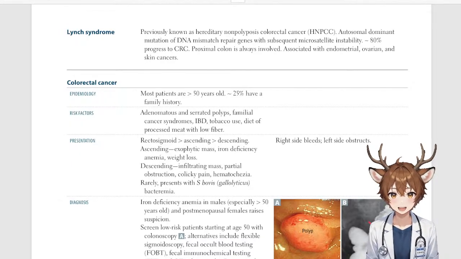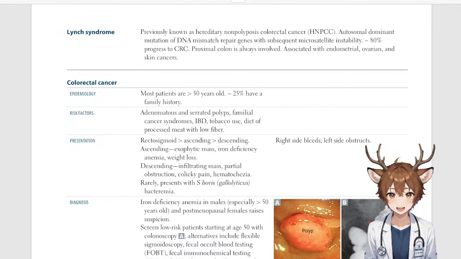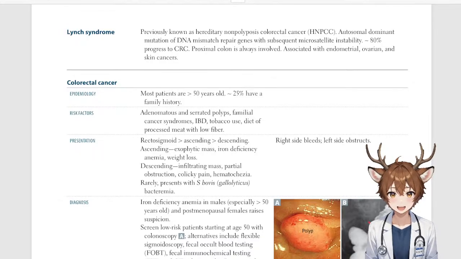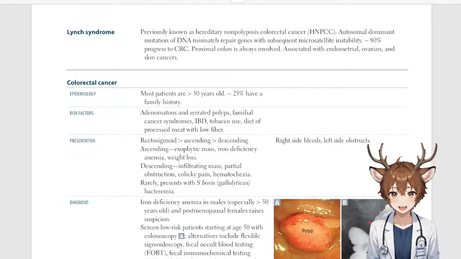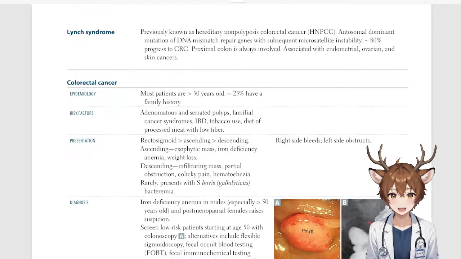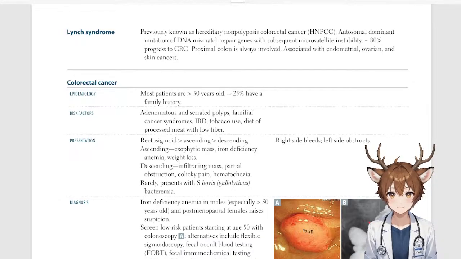Proximal colon is always involved, associated with endometrial, ovarian, and skin cancers. Merrill Lynch has CEOs. Fine. So in Lynch syndrome, the proximal colon is always involved, and it's an issue of MLH1 and MSH2, which are repair genes for mismatch repair.